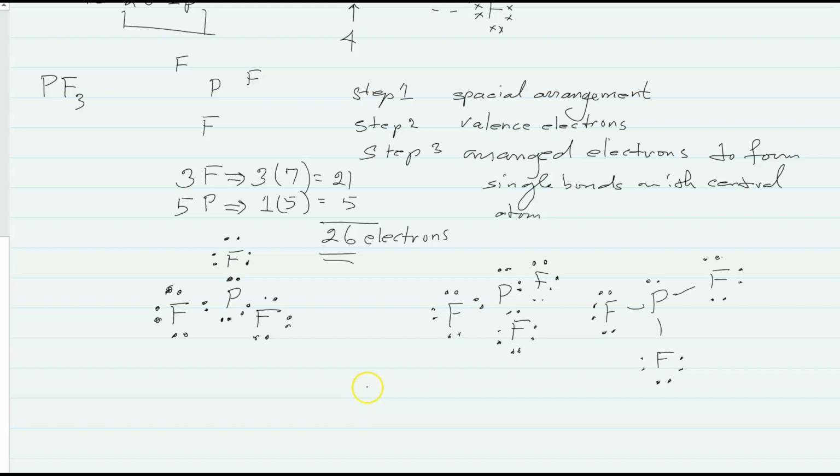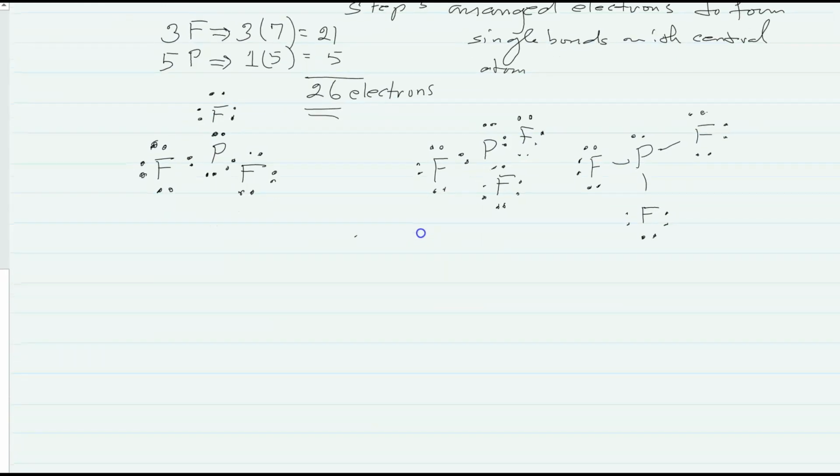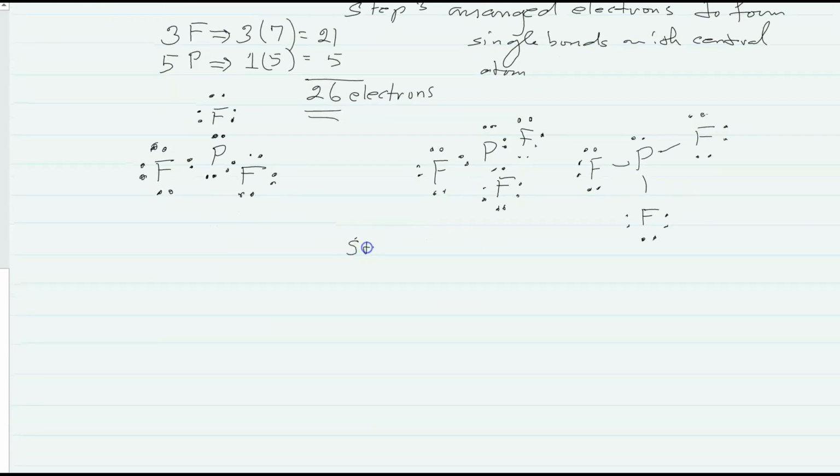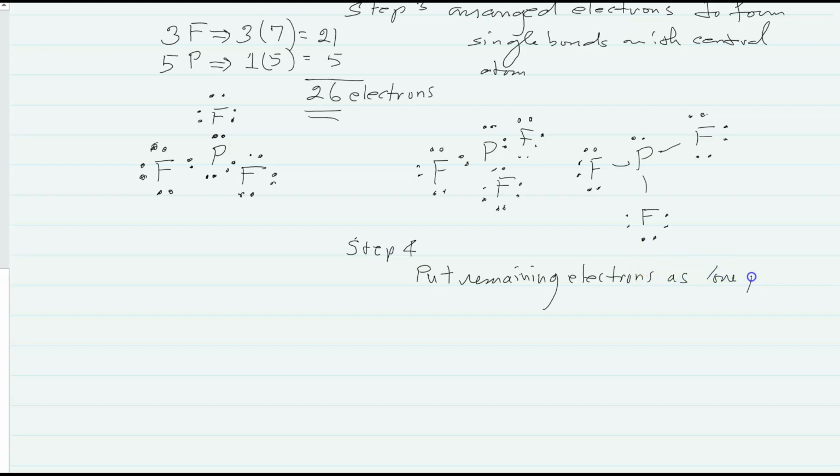And step 4, we might call that. Step 4, what we're doing is we're putting the remaining electrons as lone pairs, or as multiple bonds, as we'll see in this next example.